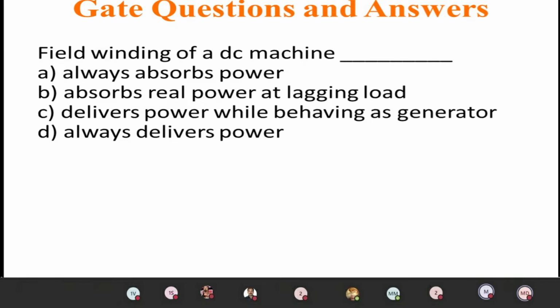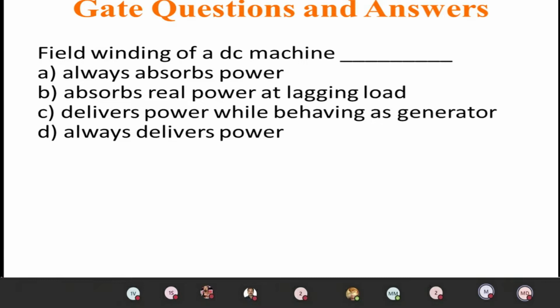So here the question is: field winding of a DC machine. Option A, always absorbs power. Option B, absorbs real power at lagging load. Option C, delivers power while behaving as a generator. Option D, always delivers power.